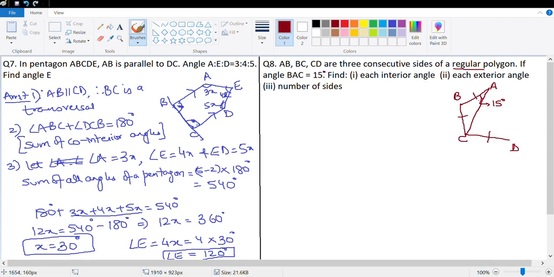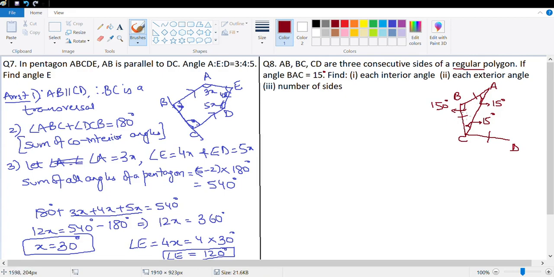So what does it make triangle ABC? Well, yes, triangle ABC now is an isosceles triangle because BC and AB are equal, which means the base angles, which means this angle will also be 15 degree and the sum of these three angles will be 180, which means 15 plus 15, that's 30. So this angle will be 150 degree. And this is the interior angle of the polygon.